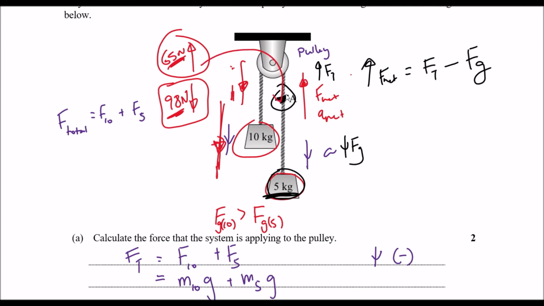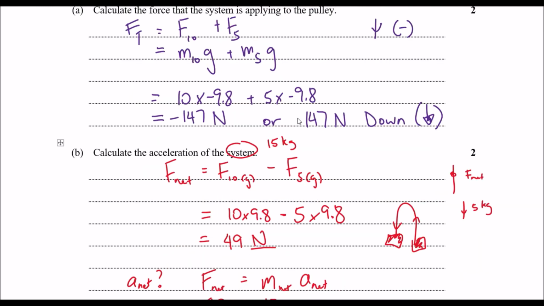However, on this side, it is larger than the weight force of the 5 kg mass, and that's why it pulls it upwards. So that's how you can do an analysis of Newton's second law and third law to work it out. As we can also mention, the tension force is going to be the same on both sides because of Newton's third law of motion.